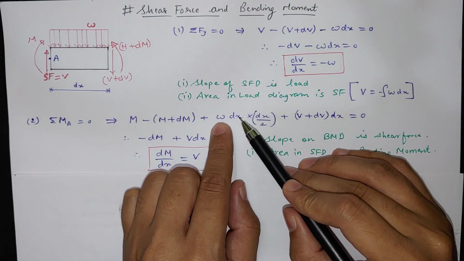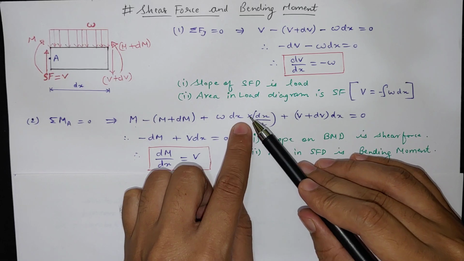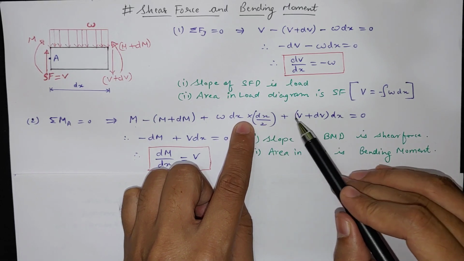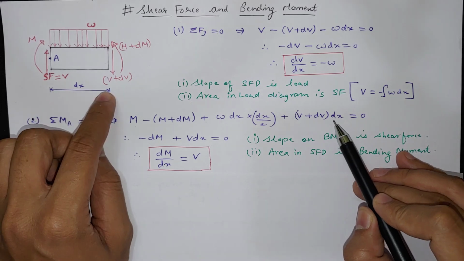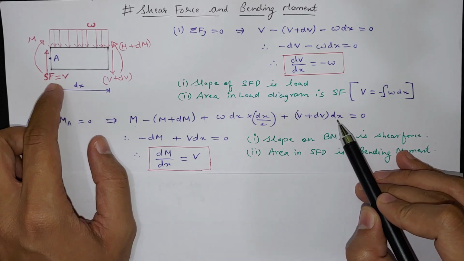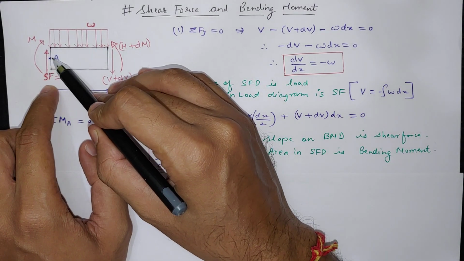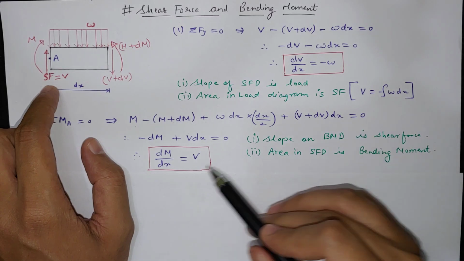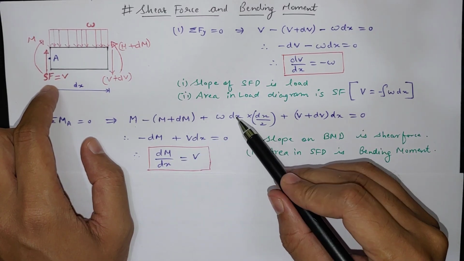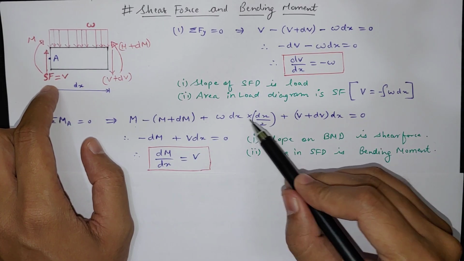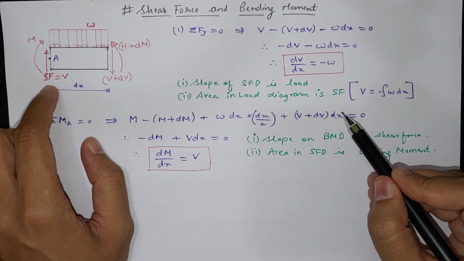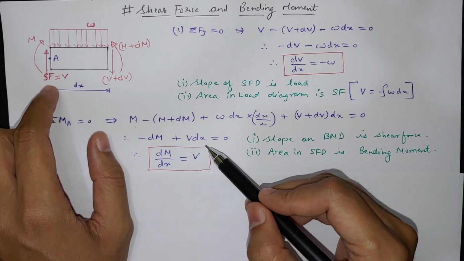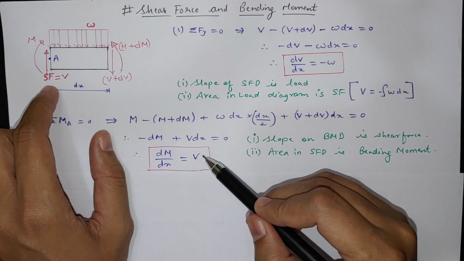So W dx, which is the total load, is acting at dx by 2, plus V plus dV into length dx, and this shear force is passing through the point, so we do not have to consider that. From this, if we neglect W times dx squared, which is very small, and dV dx, that will also be small, then we are left with this result, which is dM by dx equal to shear force.